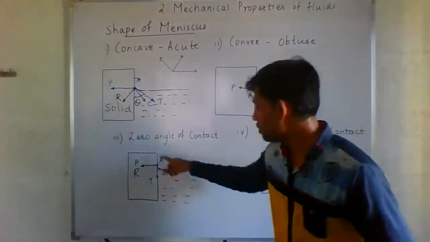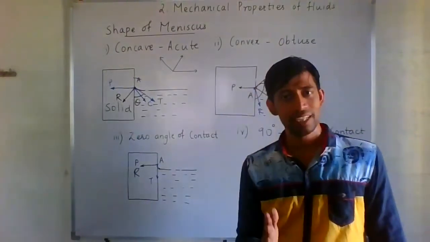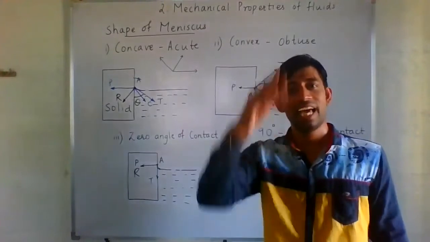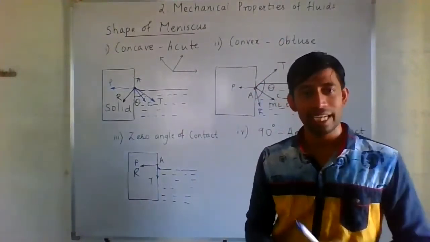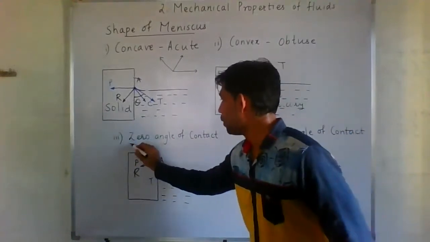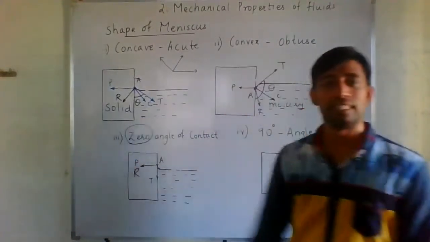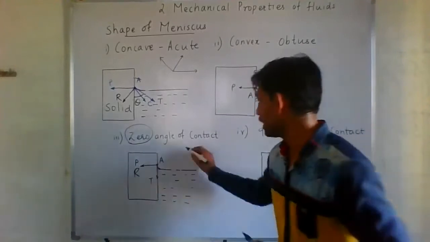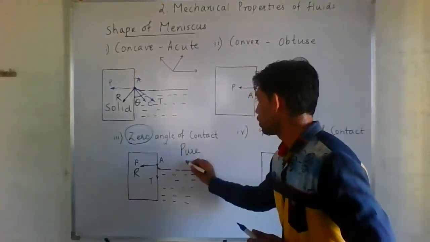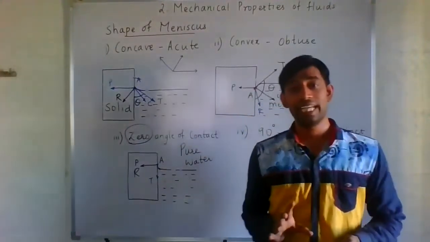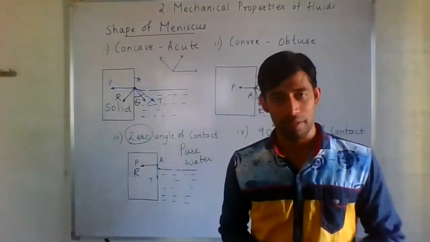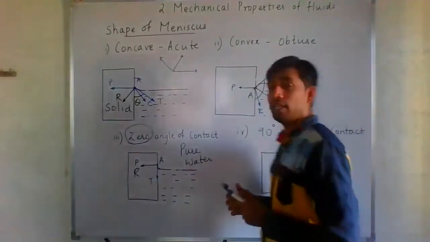And you can observe that surface of solid as well as AT, they are both in same line. They are parallel. So the angle of contact in this case will be equal to 0. So this is the case of pure water, where cohesive forces are taken as negligible.